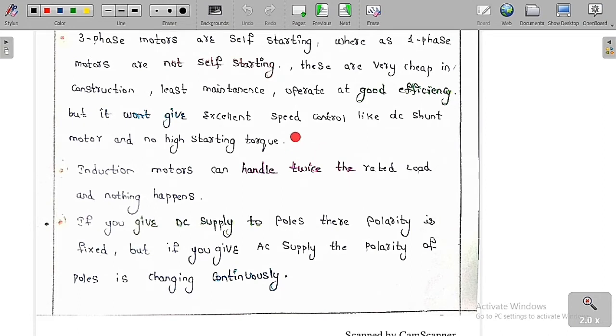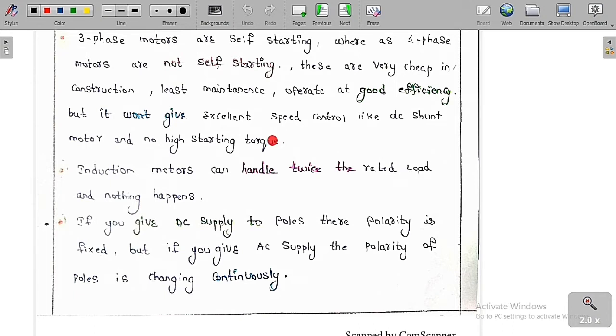Only these are the two important disadvantages of induction motors when compared to DC motors.